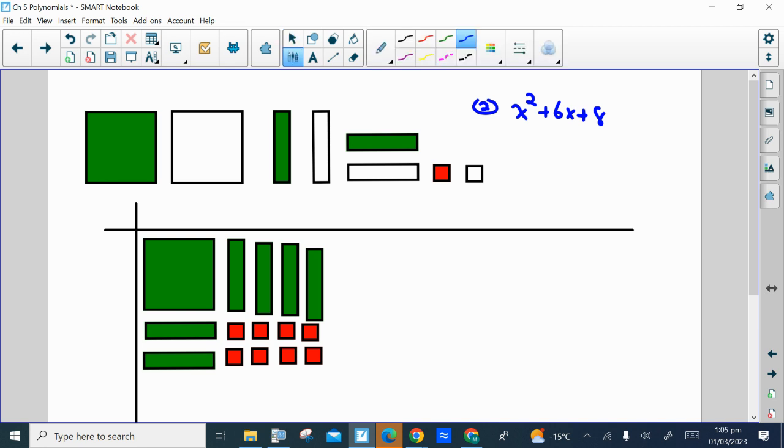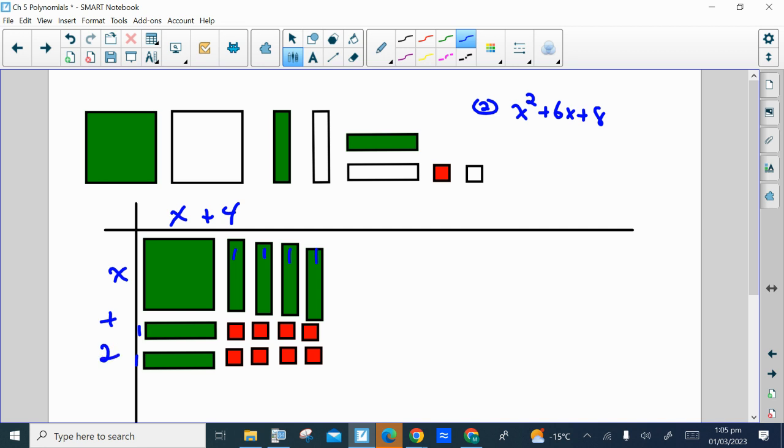So what did we build here? Well, this big x squared tile comes from multiplying x times x. It's x wide and x high. These 4 tiles are all 1 unit wide. So you've got a +1 there, a +1 there, a +1 there, and a +1 there. Those are the width of them. That gives us +4. To the side, this is 1 unit high and 1 unit high. That gives us +2.